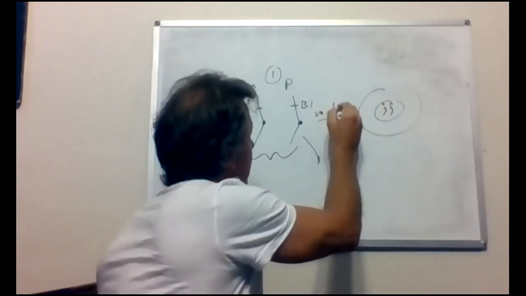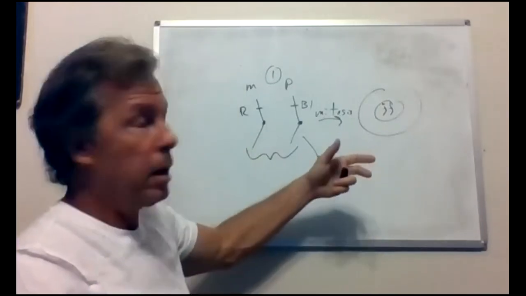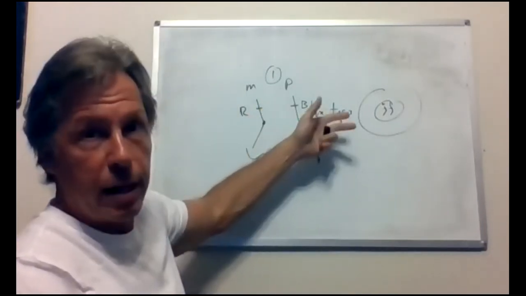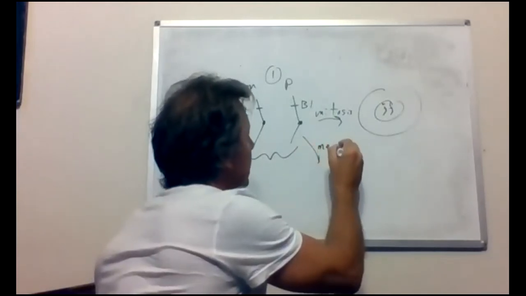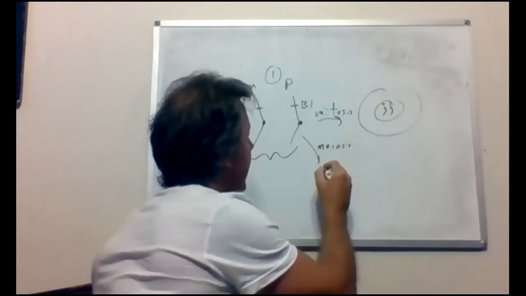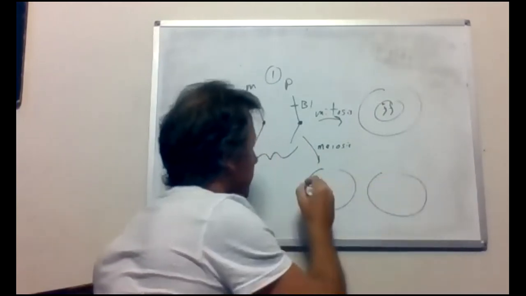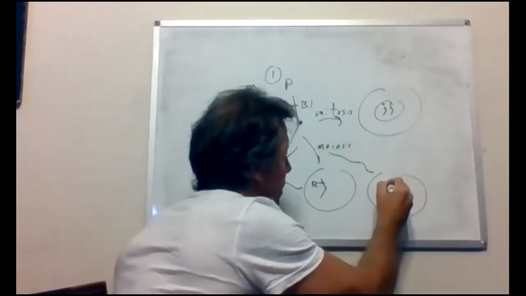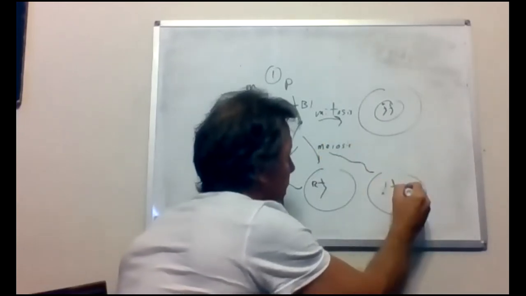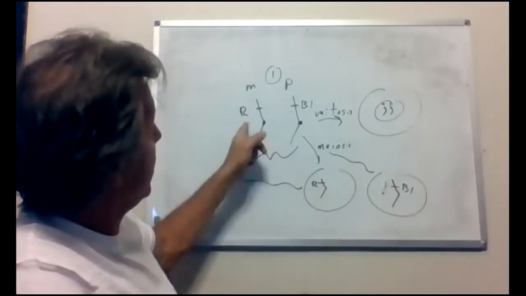This is a review from a previous chapter we talked about, eukaryotic cell replication. If I go through meiosis, then I end up with either the maternal or the black hair. The sperm and egg only have one of these.